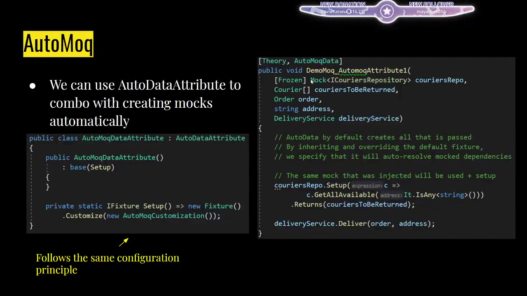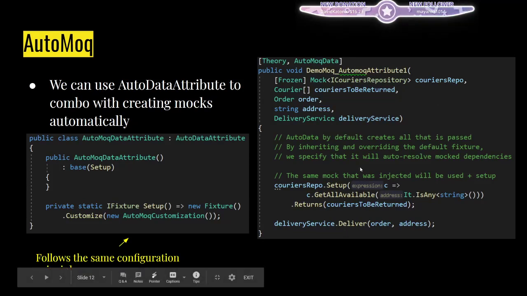And I can provide a Frozen attribute next to a repository mock for couriers, which means I can just grab this repository and set it up the way I want, because AutoFixture will create a mock for me. I then just have to use the mock, set it up, and that's it, because it's by reference, so it's still linked with the delivery service.